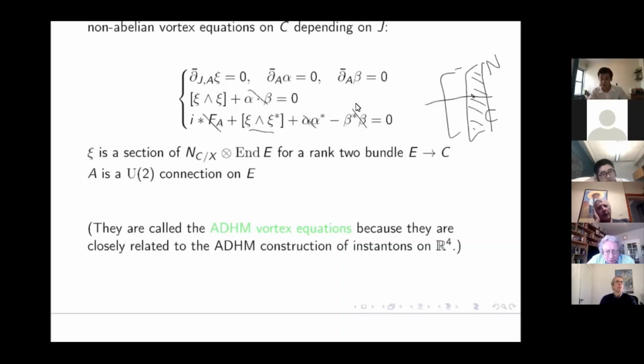So you have a sheaf over every normal fiber.